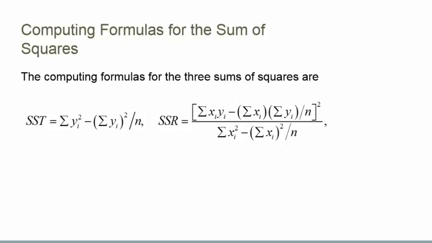SSR equals [the sum of x sub i times y sub i minus the sum of x sub i times the sum of y sub i divided by n] squared, all over the sum of x sub i squared minus (the sum of x sub i) squared divided by n. And SSE equals SST minus SSR.